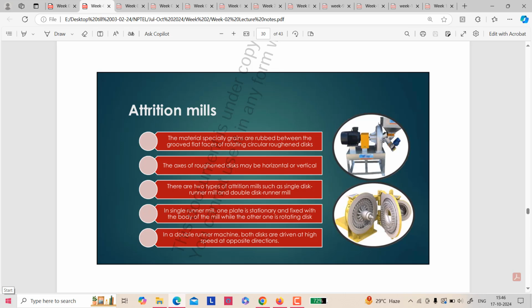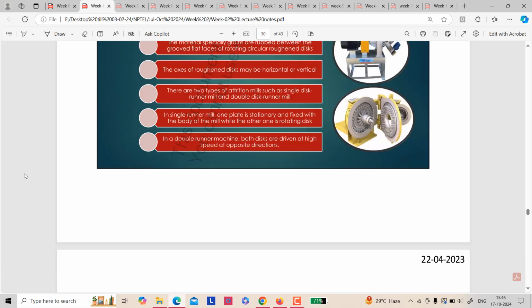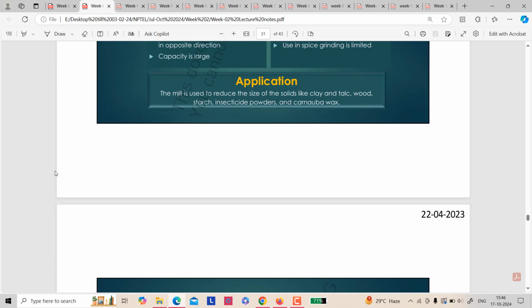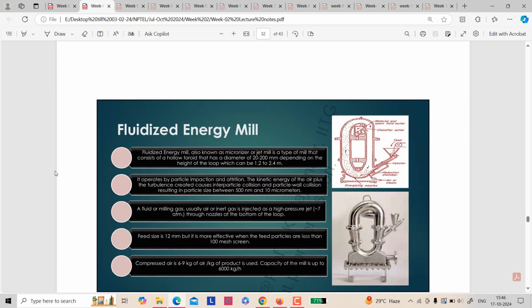You can see how attrition is applied in these mills. Next is the fluidized energy mill. The fluidized energy mill consists of a hollow toroid that has a diameter of 20 to 200 millimeter, depending on the height of the loop, which can be 1.2 to 2.4 meter.